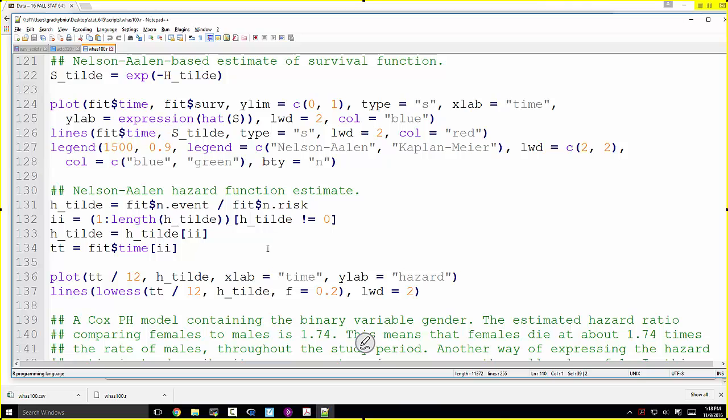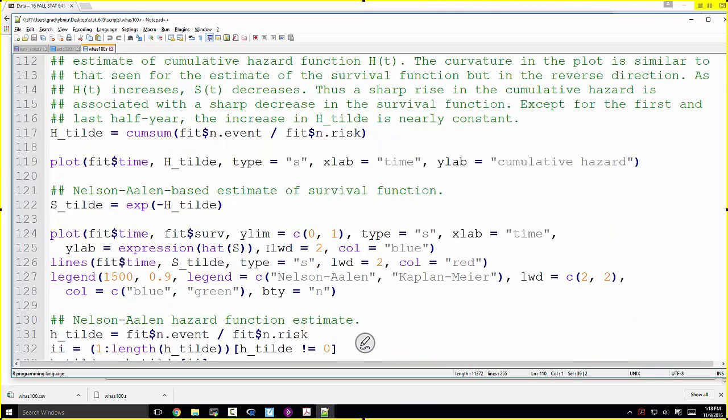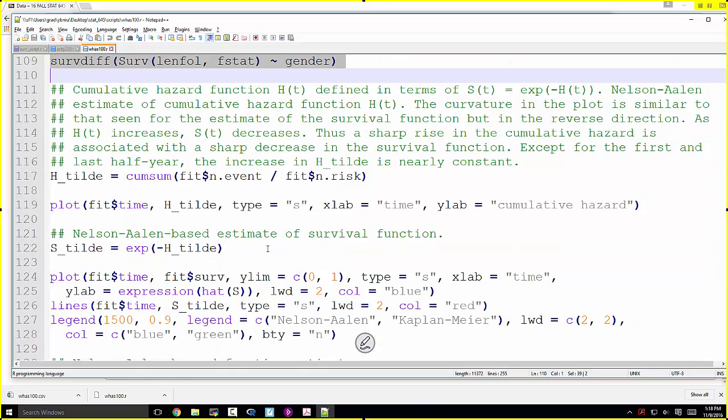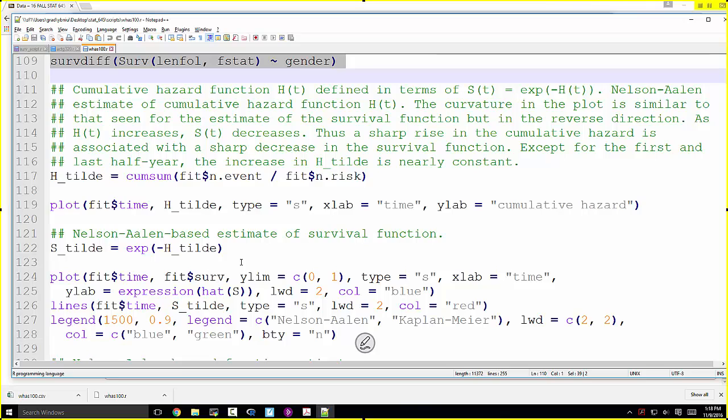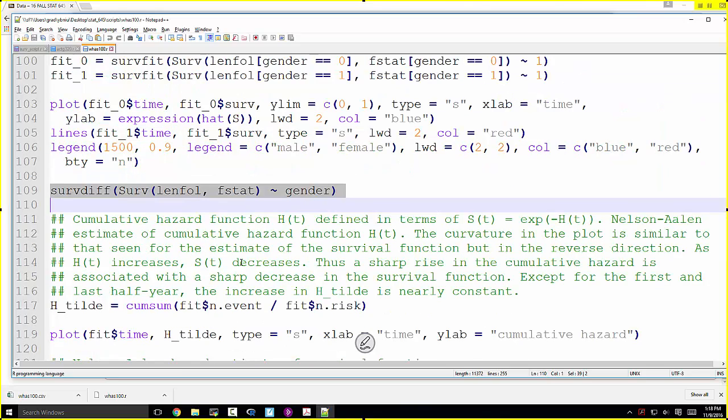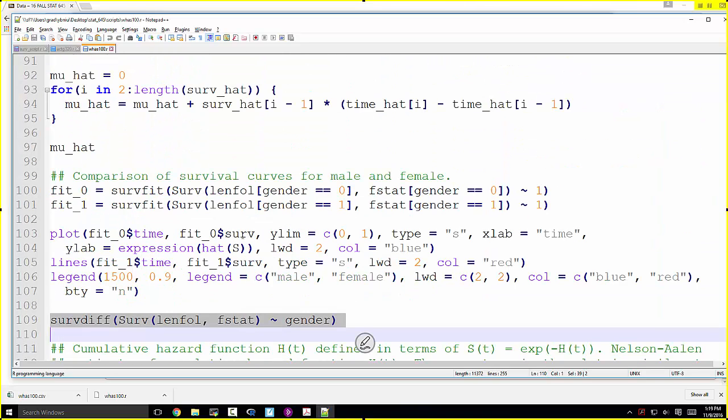So I have code here for estimating a survival curve on the basis of a fitted model, but I don't think we need to go through that because you already know how to get a survival curve from the ACTG data.